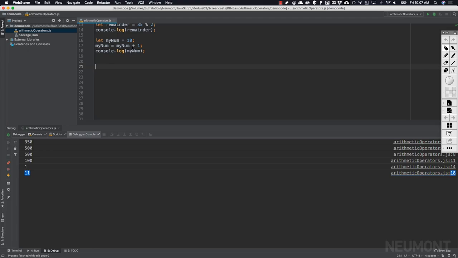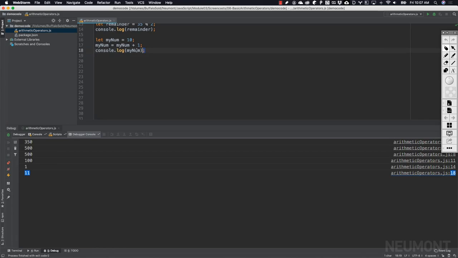And instead of trying to keep the original value, since we're really just worried about incrementing the value, we're going to take the initial value, add to it whatever we're incrementing by, and then plug that result back into my num. Now, the increment operator allows us to take it another step further.